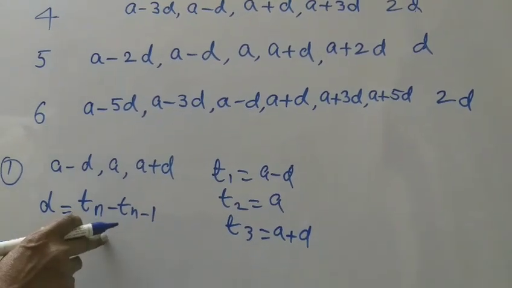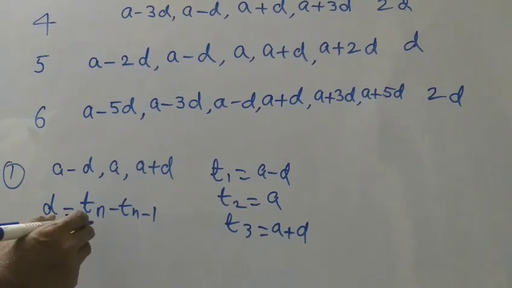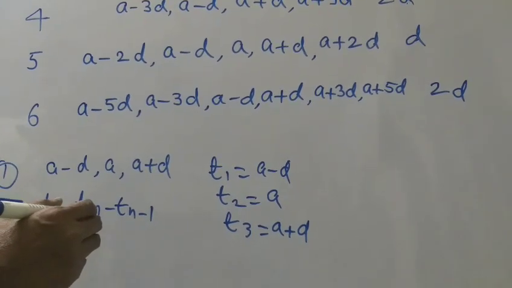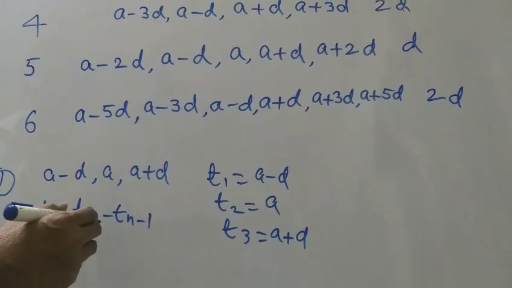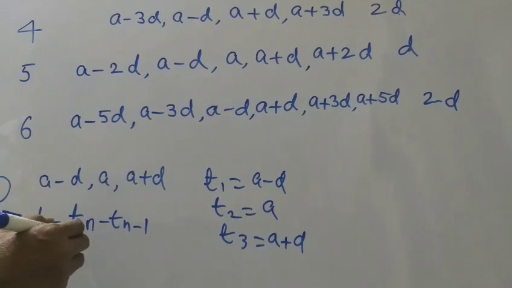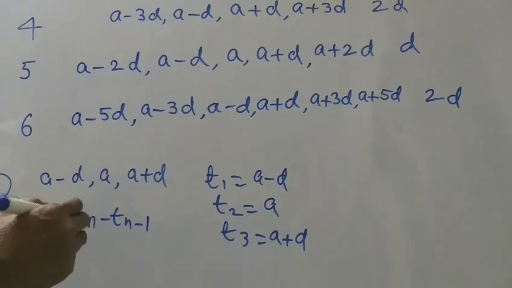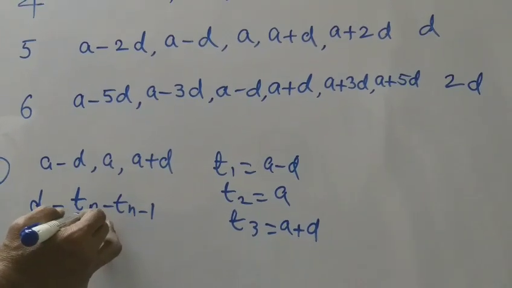So, the common difference d is equal to tn minus tn minus 1, where we take any two terms. Now second term and first term we are taking, that is t2 minus t1. So in place of n substitute 2.